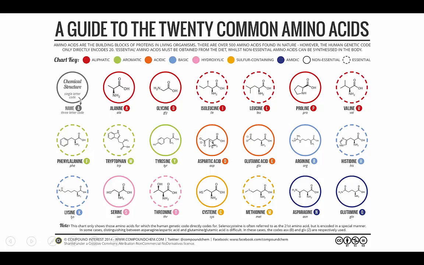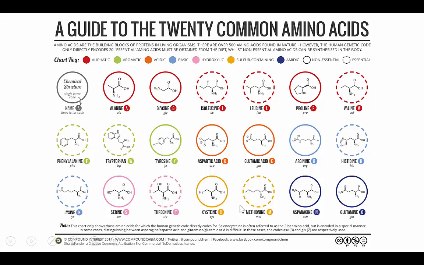Interestingly, we also have amino acids that form an amide bond: asparagine and glutamine, the derivatives of these 2 acidic amino acids. As basic amino acids, we have arginine, which has a guanidine motif here, histidine, and lysine. And 2 amino acids contain hydroxyl groups, and 2 amino acids contain sulfur groups.